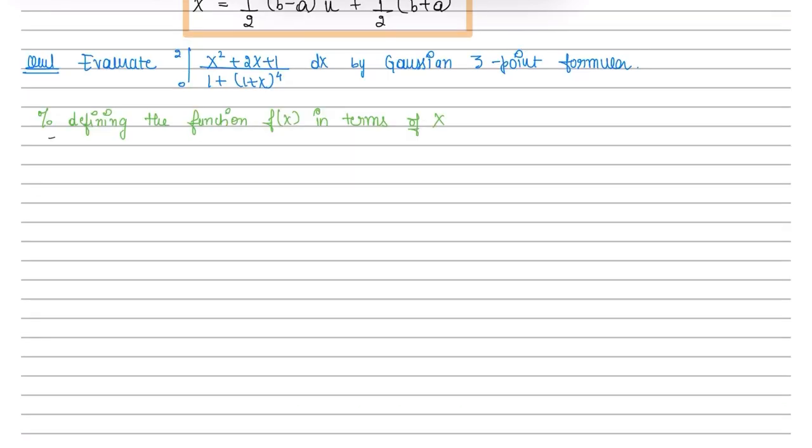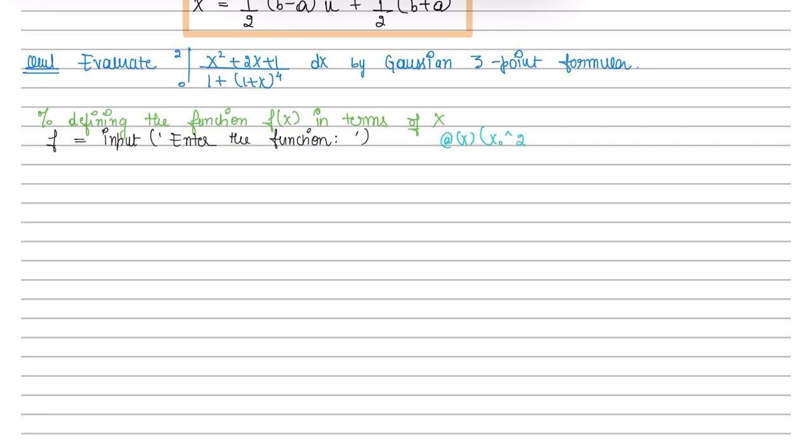Saving the function value in f using input function, and here we are trying to integrate the function x square plus 2x plus 1 divided by 1 plus x to the power 4. So we will enter the function as x dot cap 2.